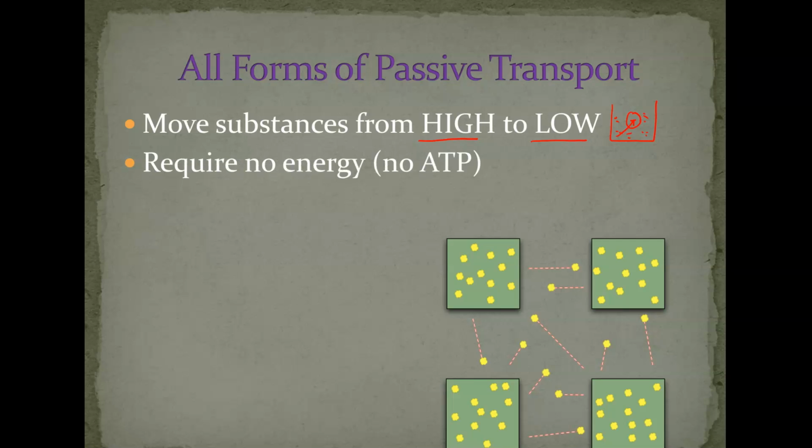They all require no energy for these things to be done, and they rely on the motion of particles. So the particles themselves are moving in and out of the cells. That is a heavily big idea when we're talking about passive transport here.